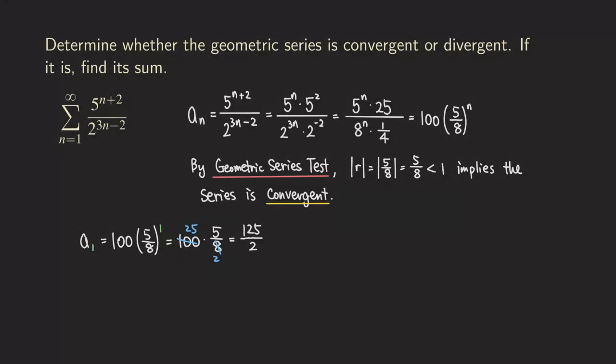So the sum is going to be what? The sum is going to be a sub 1, that's the first term, divided by 1 minus r. And so what is a sub 1? It's going to be 125 divided by 2. And then what do we get in the denominator? We are going to get 1 minus r. What is r here? r is actually 5 over 8.